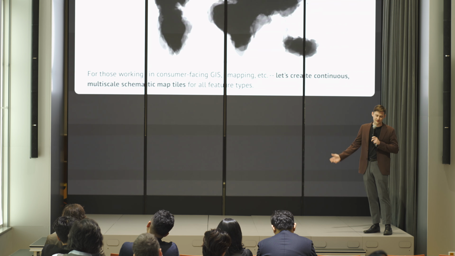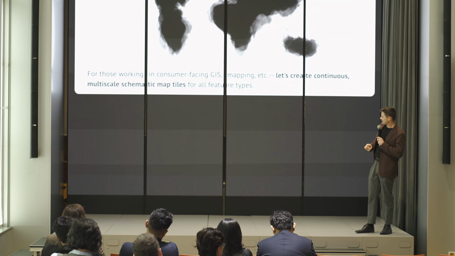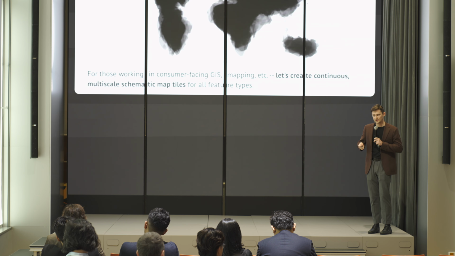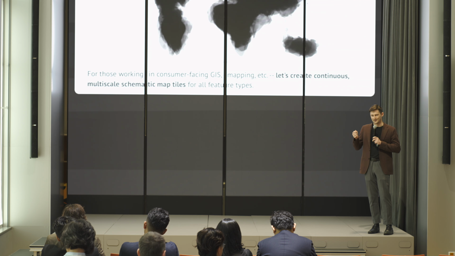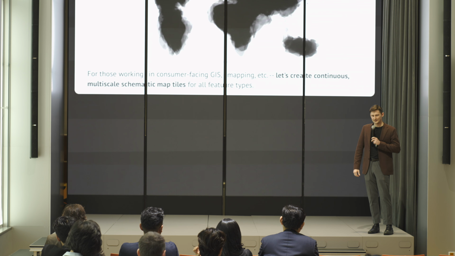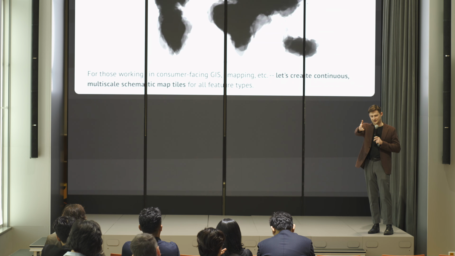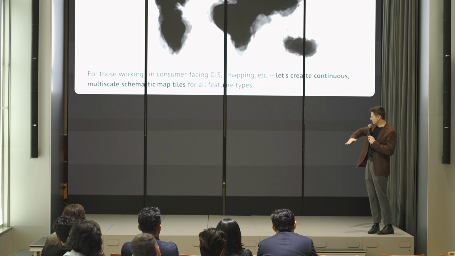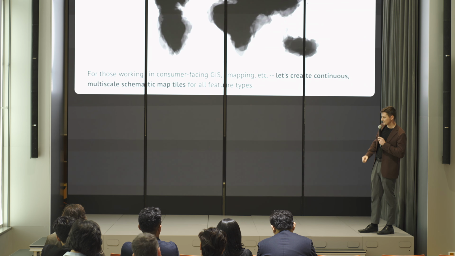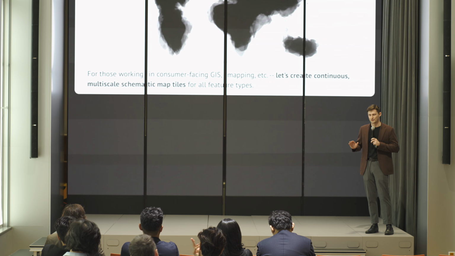But in other cases, especially in terms of navigation, I really think that the thing that's going to disrupt Google Maps, I tried to convince Apple Maps last time, unfortunately they couldn't make it this time, but if you want to disrupt that, you really have to create, as Ilya mentioned, a multi-scale schematic map vector tile service. It's extremely difficult. I think a lot of people have tried, and no one has succeeded yet.